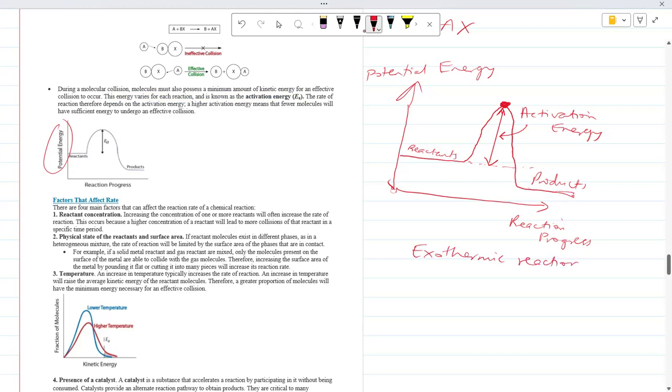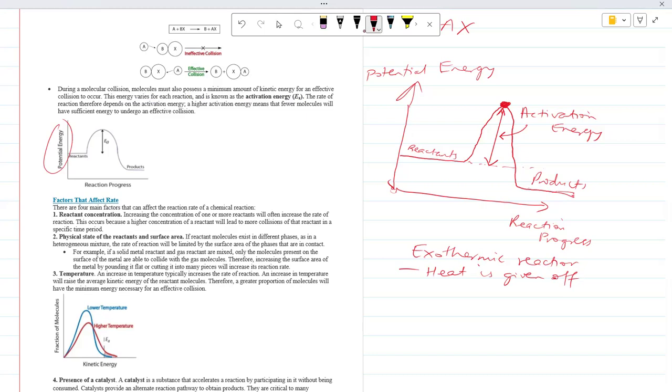Exothermic means that heat is given off during the reaction. Okay, there's heat loss during the reaction. But the reactants have a higher energy level than the products.